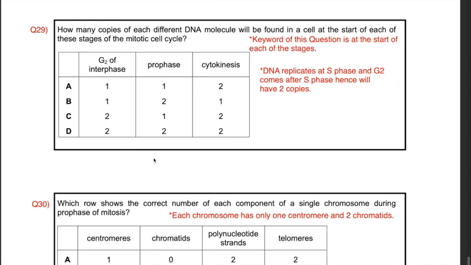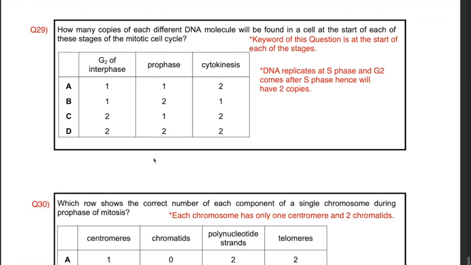Hence, all of the given stages at the start would have 2 copies, because once the DNA replicates at S phase, there will be 2 copies, and since G2, prophase and cytokinesis follow S phase, that means all of the given stages over here would have 2 copies at the start, not at the end.